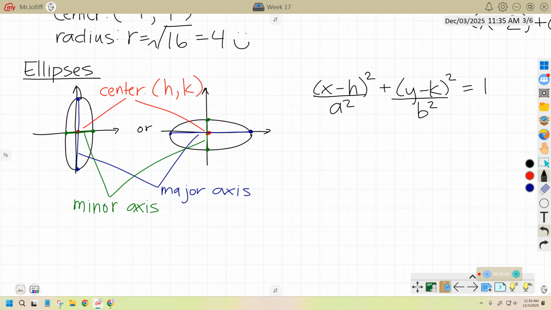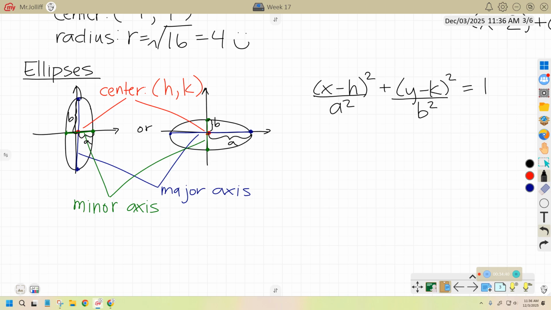So in this first graph, my a is the distance from the center to the right edge. B is the distance from the center to the top edge. Same thing in the other picture. A is from the center to the outside edge on the x-axis. B is from the center to the outside edge on the y-axis.